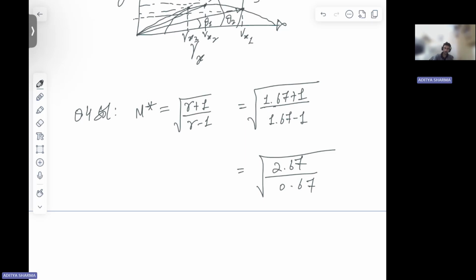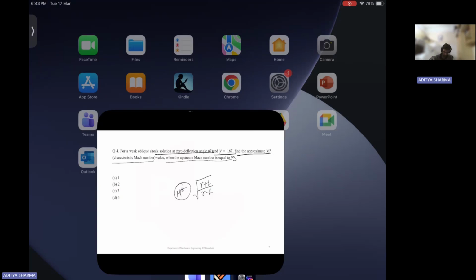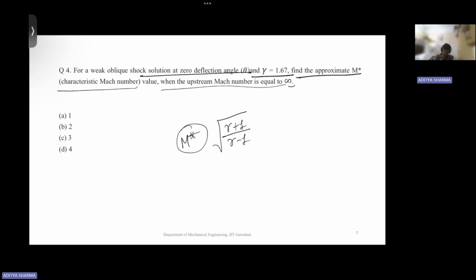This comes out to be 1.9962, which is our answer. And if we look at the options that are given to us, option B is the nearest option to what we have calculated.